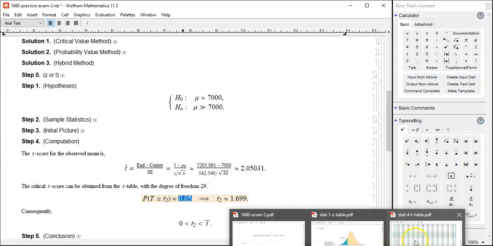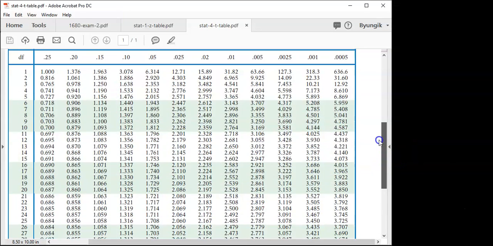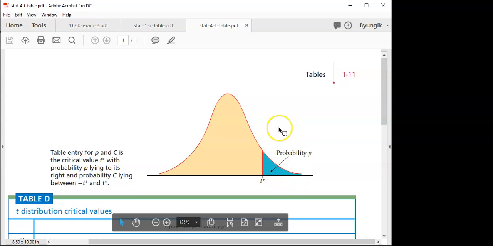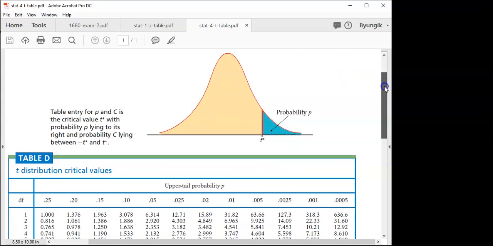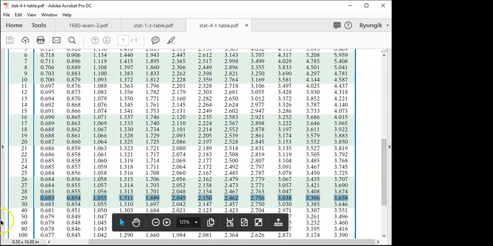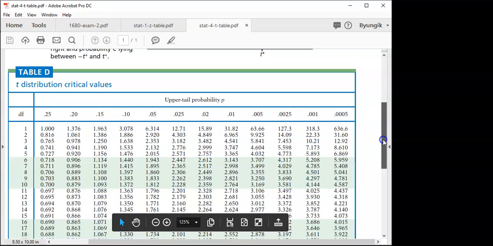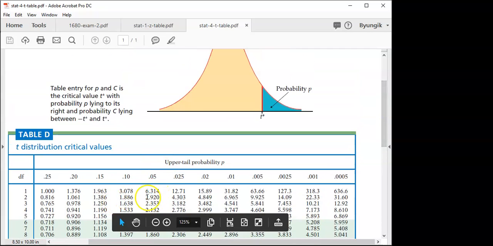Let's go to the t-table. This has to be 0.05, 5%, and the degree of freedom, as usual, is 30 minus 1, 29. It's already highlighted here. So let's look at this row, and we are looking for 0.05, 5%.